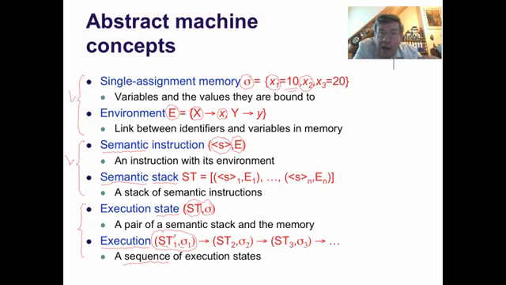Then we do one execution step, this arrow, and that gives us a next execution state, a stack and a memory, and so on. So you have a sequence of execution states, which keeps going until the stack is empty. That's the third part of the abstract machine. These three parts together form the abstract machine.